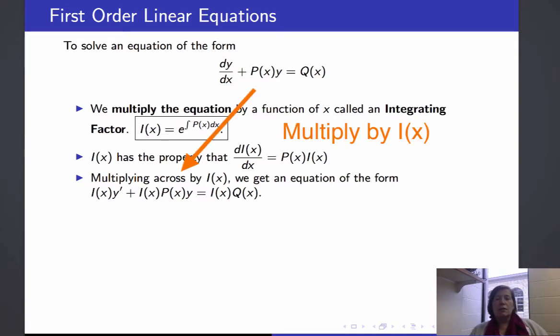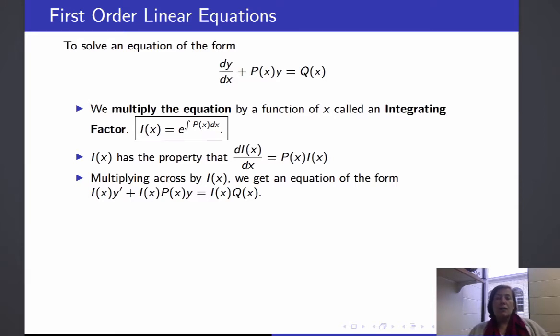Now, multiplying the differential equation across by this integrating factor, we get I of x times y prime plus I of x times p of x times y equals I of x times q of x. Now notice what's happening on the left-hand side.